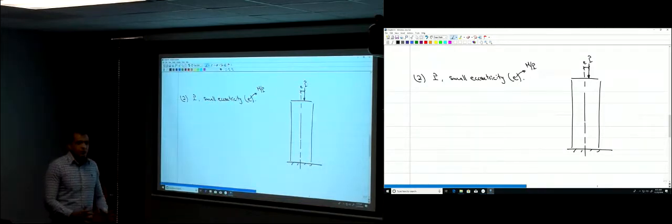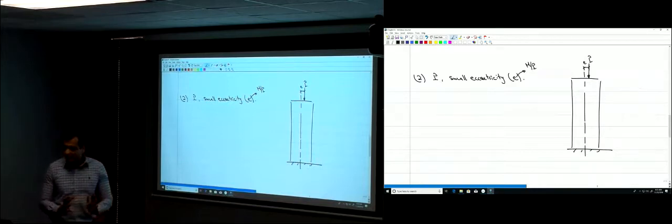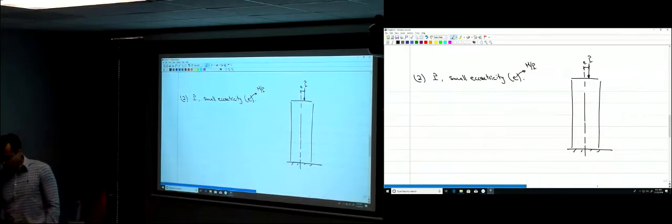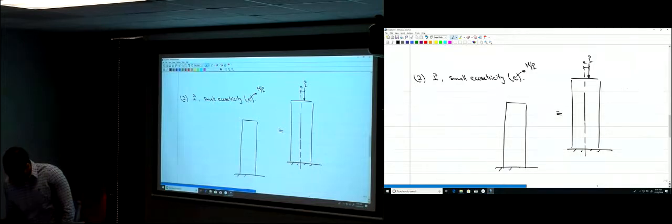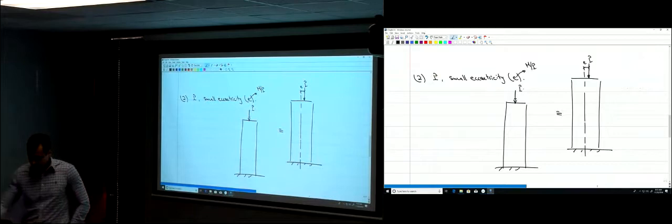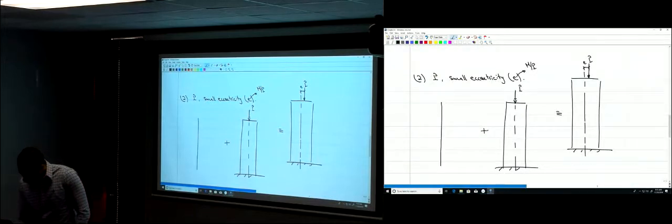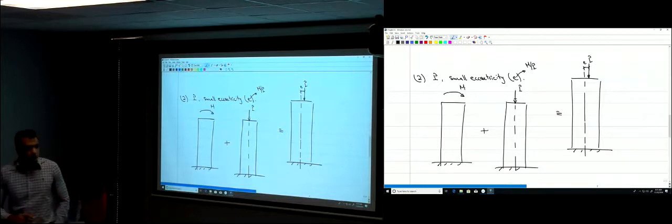Now, we want to see the effect of having a P and an M. This is equivalent to having P right at the plastic centroid plus a moment.